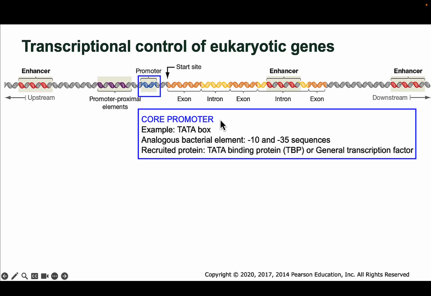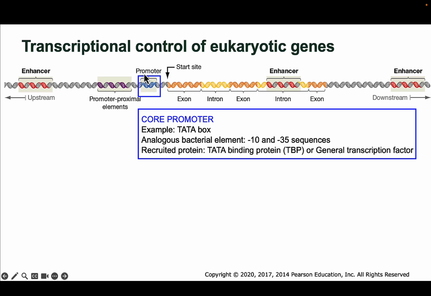And so we call this promoter the core promoter. And an example of the core promoter is the TATA box. And I think this is about 10% of all genes have a TATA box sequence for their promoter. An analogous bacterial element that would act as this core promoter would be the -10 and -35 sequences.